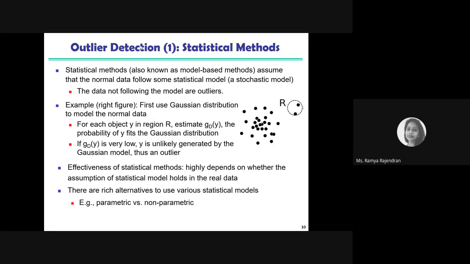So when your g of y is very low, you can consider y unlikely to be generated by the Gaussian model, and so an outlier. When the g of y estimate is good for each of the objects, it should fit your Gaussian distribution. Most of the time, model-based methods depend completely on the model, and there are different types of statistical models available, like parametric methods and non-parametric methods.